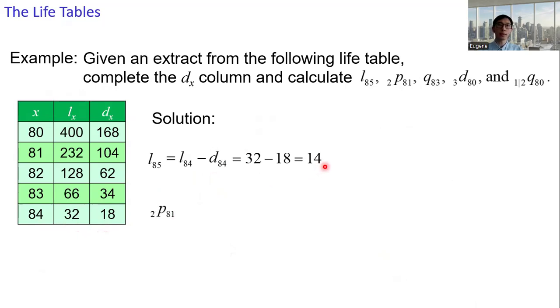All right, and then the probability 2p81: an individual currently at age 81 survives beyond age 83.